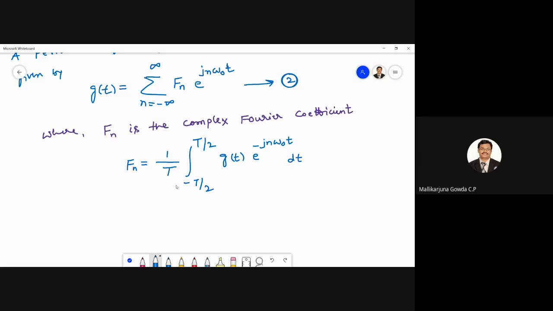So this is the definition of Fourier coefficient. Let me call this equation 3.